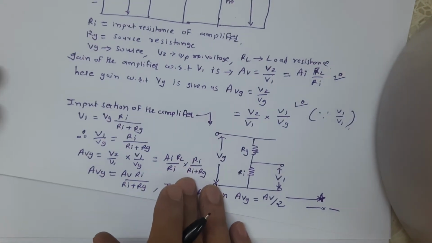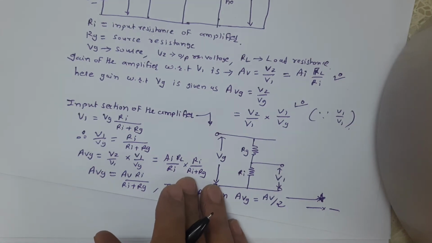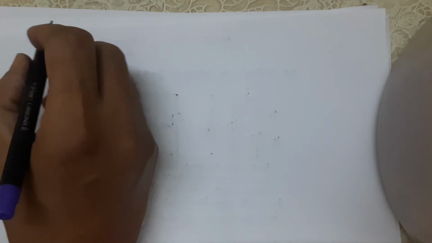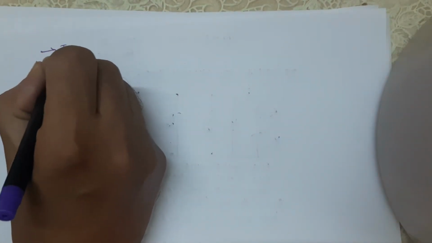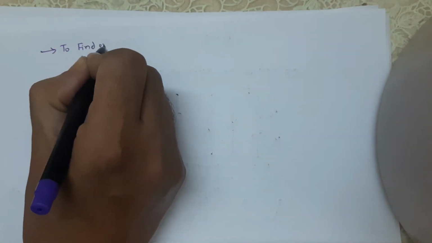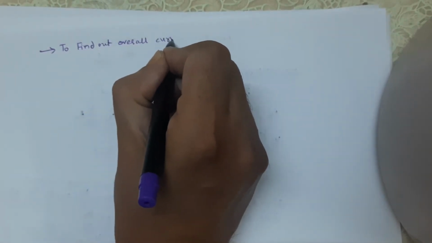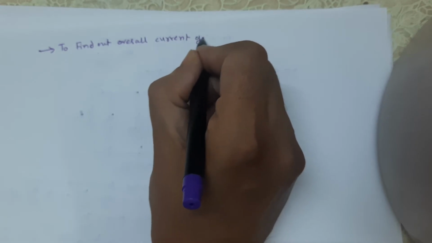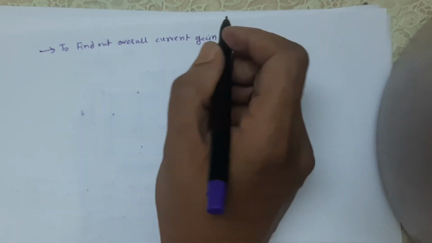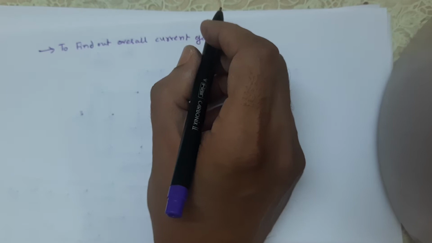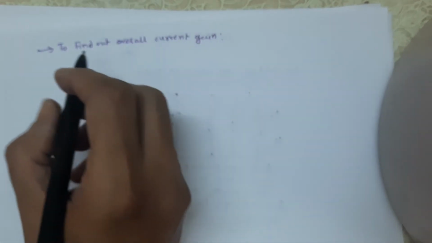Now to find out overall current gain, again consider the Norton equivalent circuit for the transistor amplifier.